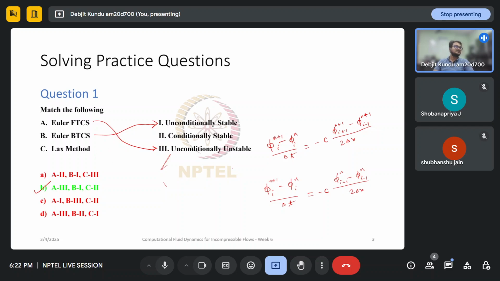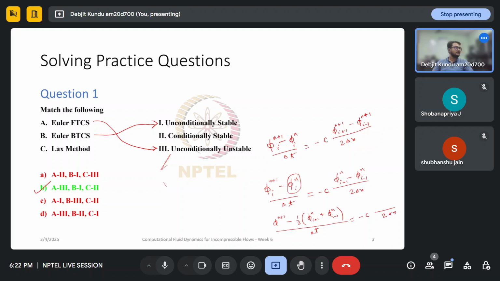And the Lax method is a modification of the FTCS scheme where you replace this term by a spatial average of that. So you take phi I plus 1 n plus phi I minus 1 n and divide that by 2, so basically an average of two of its neighbors.